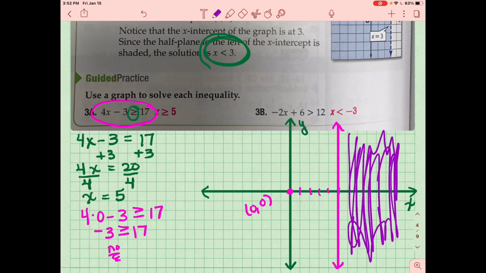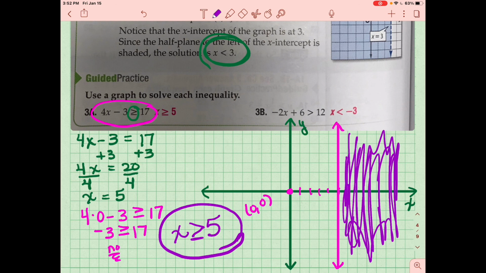And now I know that all of my solutions happen to be greater than x. So I'm going to say that x is greater than 5 or equal to, because I use that solid line. So there we are. And that's how you do it.